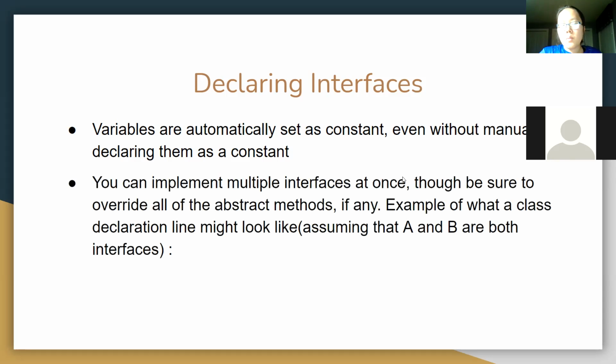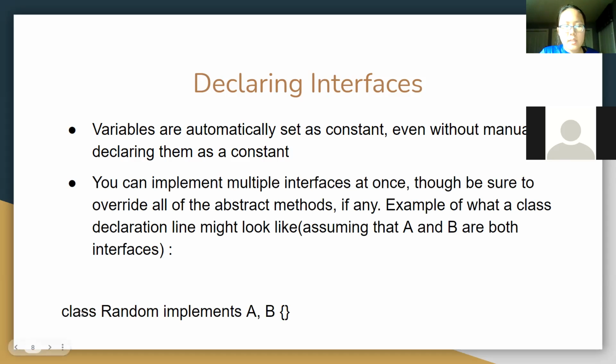You can also implement multiple interfaces at once. Just be sure that you're overriding all of the abstract methods, if there are any. For example, if we have an A and B interface, then the declaration line for a regular class that wants to implement them is something like this.